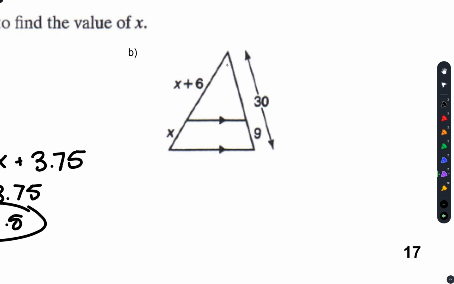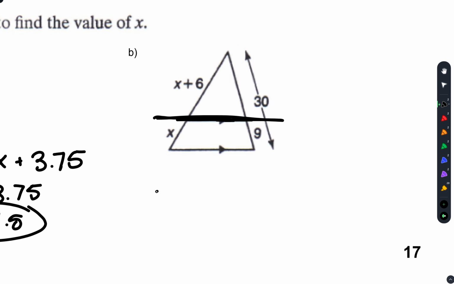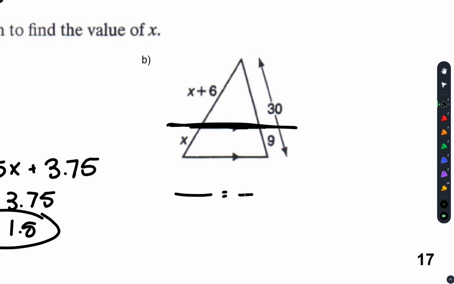Okay, we're going to do the same thing for letter B. That side splitter is going to act as like my fraction bar. So when I set up my proportion, I have x plus 6 over x, and then make sure that we're doing the subtraction that's necessary. This piece right here is 30 minus 9, aka 21.